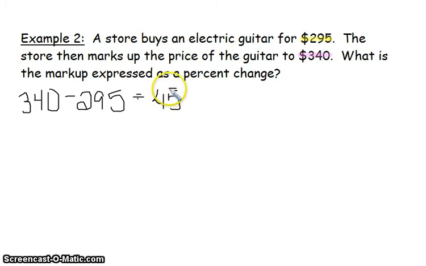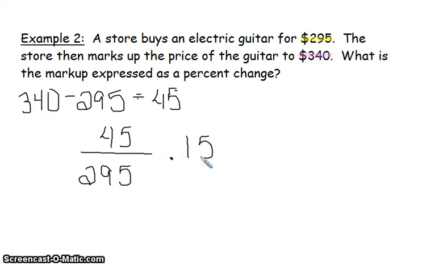Now we just need to set up our ratio. Our amount of increase here, because we went up, is 45, and the original amount of the guitar is $295. Even though it's less than what the new amount is, you always put it over the original amount. And when we divide that to the nearest hundredth, you get 0.15.